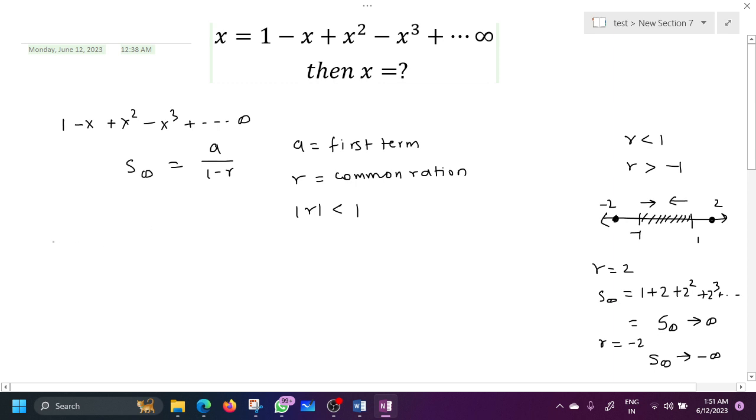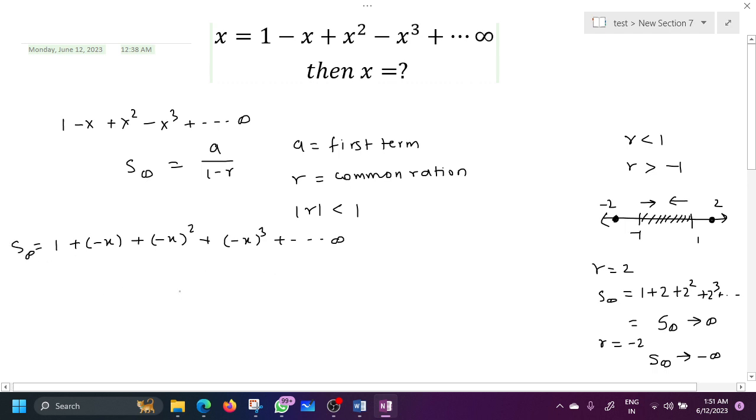So first I will rewrite our series like 1 plus minus of x plus minus of x square plus minus of x cube plus so on till infinity. So in this series, this is s infinity.